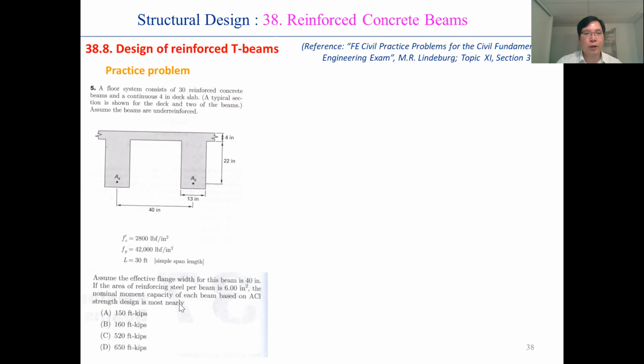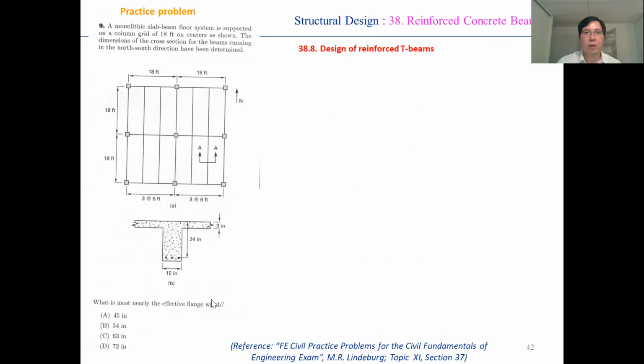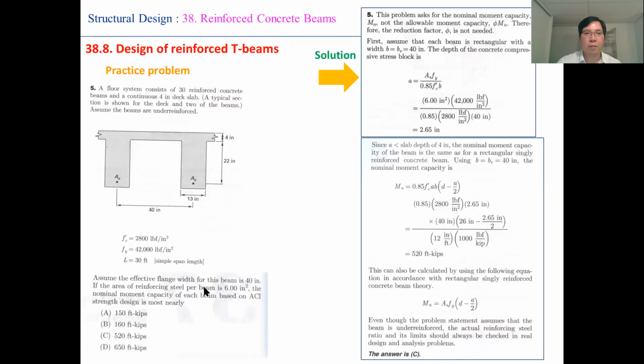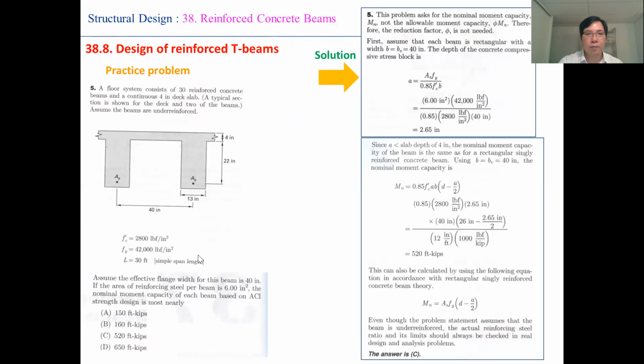The question is that which is the nominal moment capacity of each beam based on ACI strength design. For answering this question, I show you here the solution.